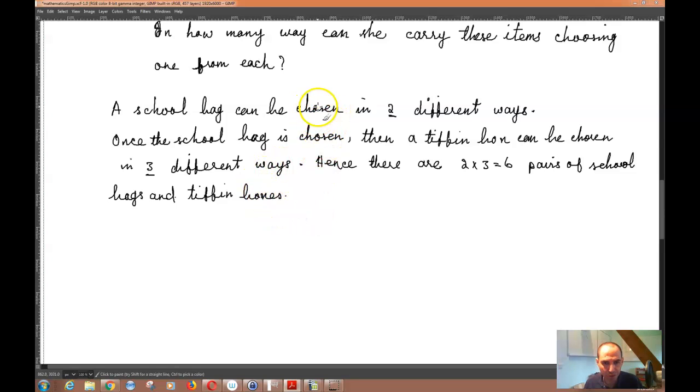Over here we are essentially talking about the concept of combination.